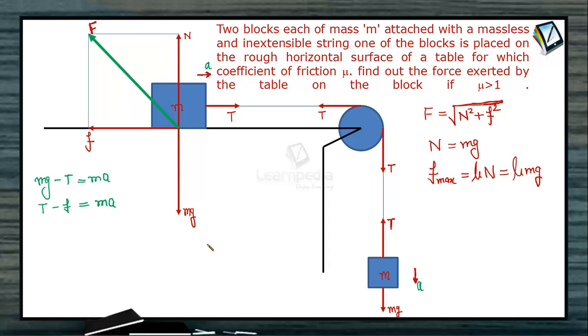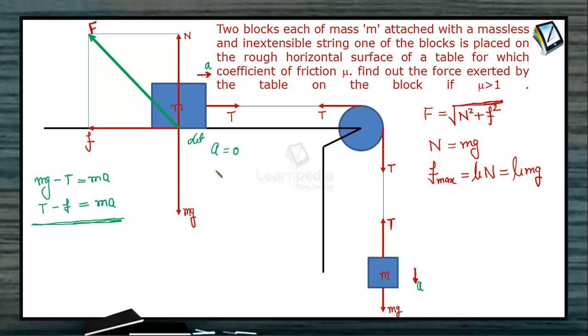Okay, so first let us think about a situation when this particular block is in equilibrium, when it is not moving. So first let us solve it for the boundary line situation when acceleration a is 0.